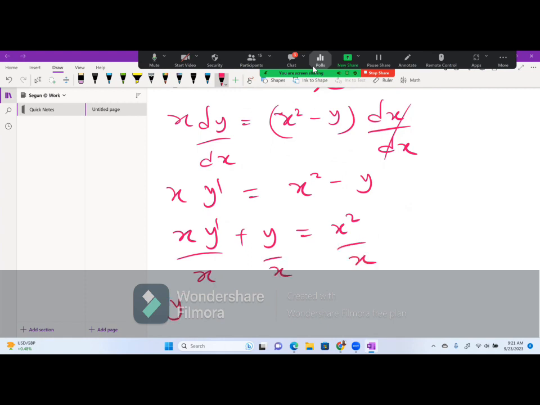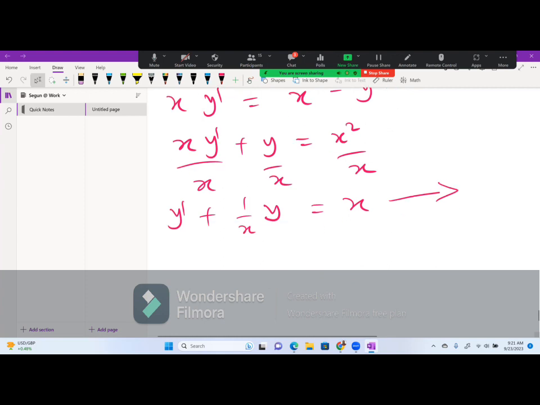You have y prime plus 1 over x times y equals x. Then you can now use your general formula. What is your p of x now? P of x is 1 over x. Thank you. Q of x is what? Q of x is x. That's all. Then find your final answer.